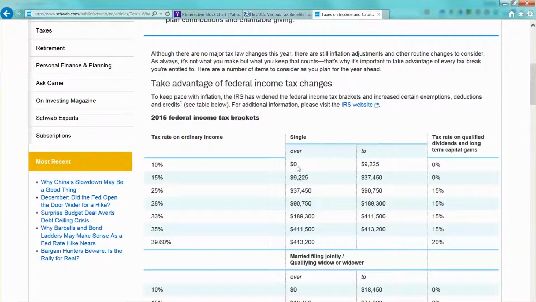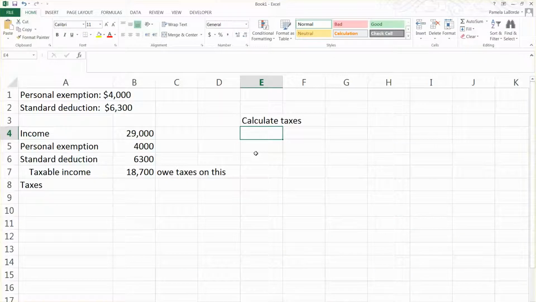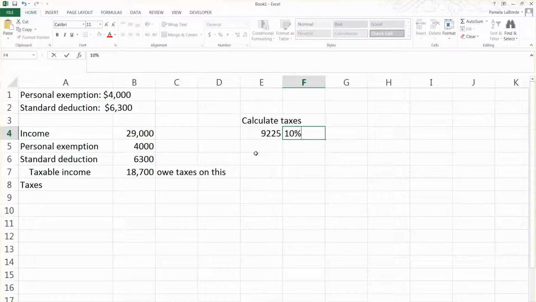So let's calculate this person's dollar tax amount. I know on income from 0 to 9,225, they pay 10% on that. So I'm just going to pop over to Excel. And so they do make over 9,225. So I'm just going to type that number down and the rate that they will pay.